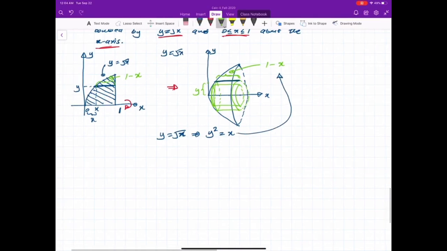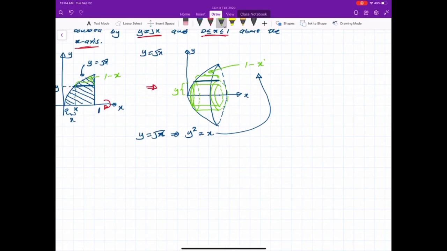So you get this equals 1 minus x, which is actually 1 minus y to the power 2. And that is the height of the cylinder.